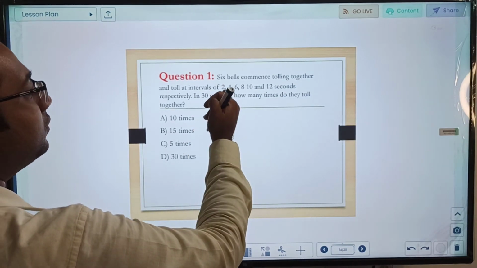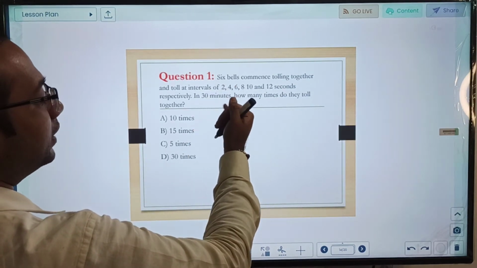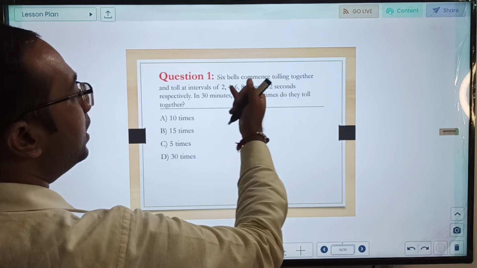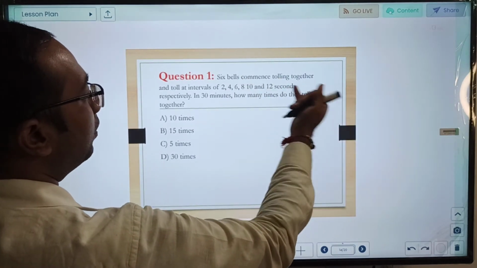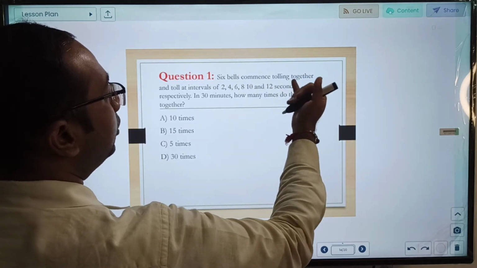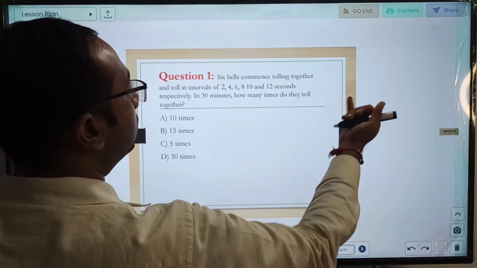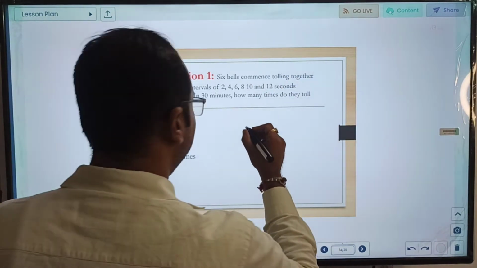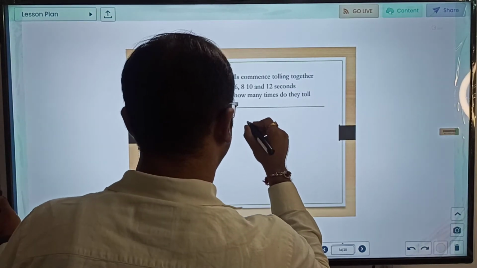Here this bell is tolling at an interval of 2 seconds, then another 4, then 6, then 8. This is 4, then 8, then 12; 6, 12, 18; 8, 16, 24; 10, 20, 30; 12, 24, 36, like this. So we need to find the LCM of these numbers.